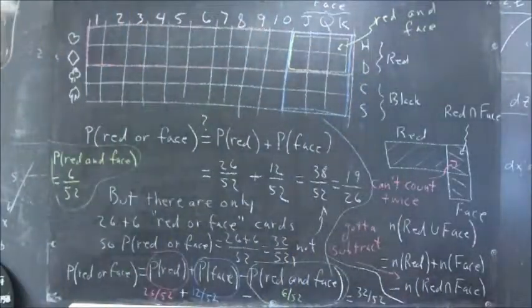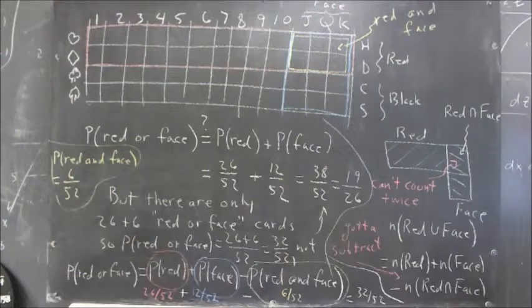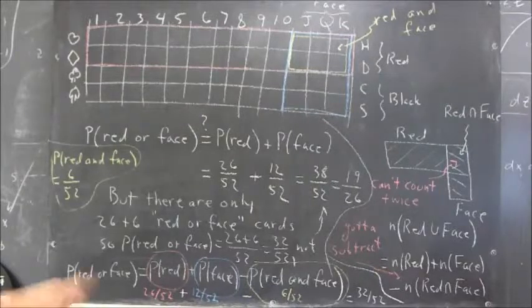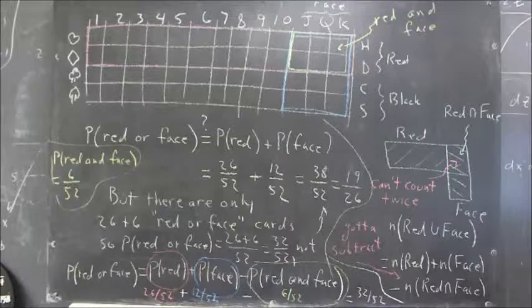Now, we go on here. I say there are only 26 plus 6 red or face cards. Well, we saw that when I counted them. So the number of red or face is going to be 32 out of 52.